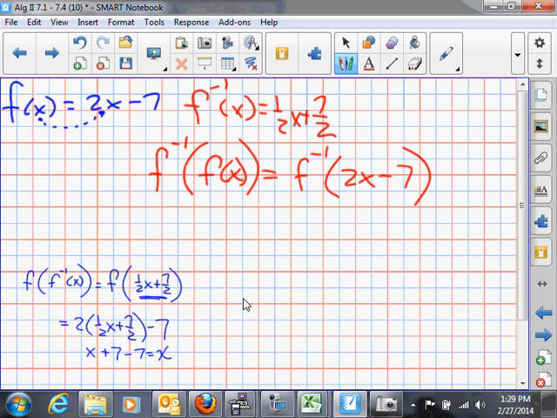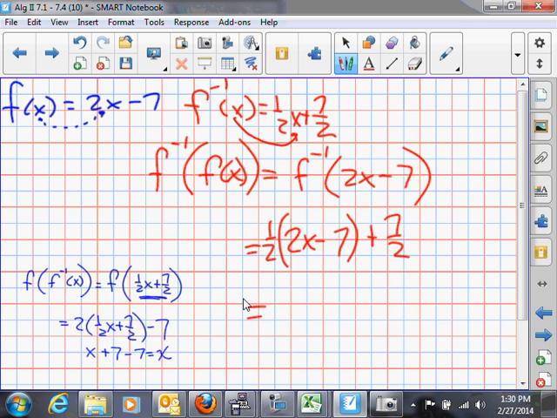Now, f inverse says when you have an input, multiply it by 1/2 and then add 7/2. So we're going to take our input, 2x minus 7. We're going to multiply it by 1/2 and then add 7/2. Now you do multiplication before addition, so we'll distribute the 1/2.